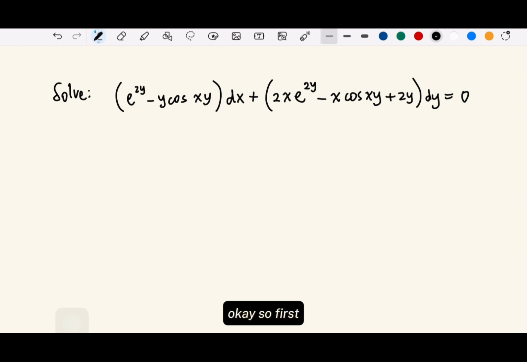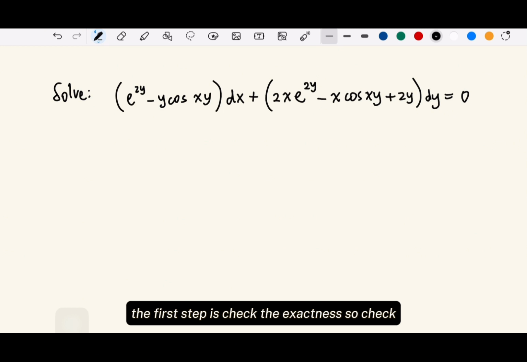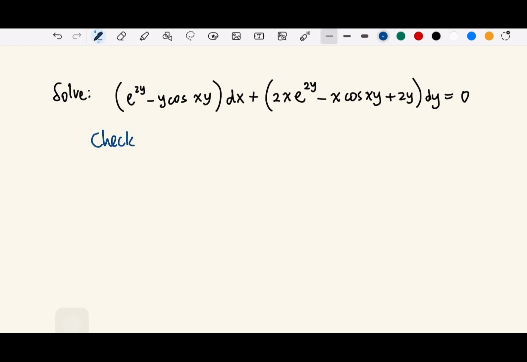Okay, so the first step is to check the exactness.